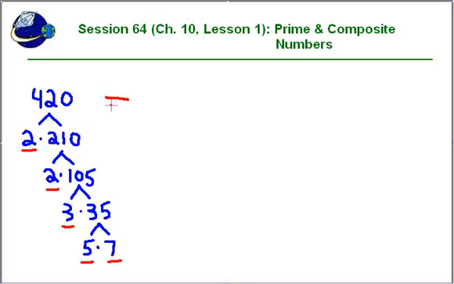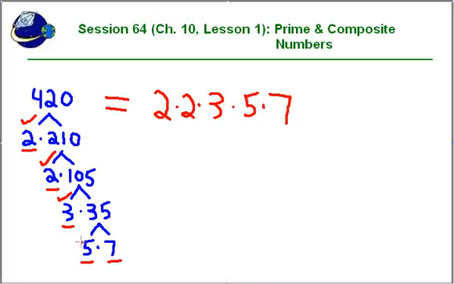So I'm just going to rewrite this over here in order from smallest to biggest: 2 times 2 times 3 times 5 times 7.